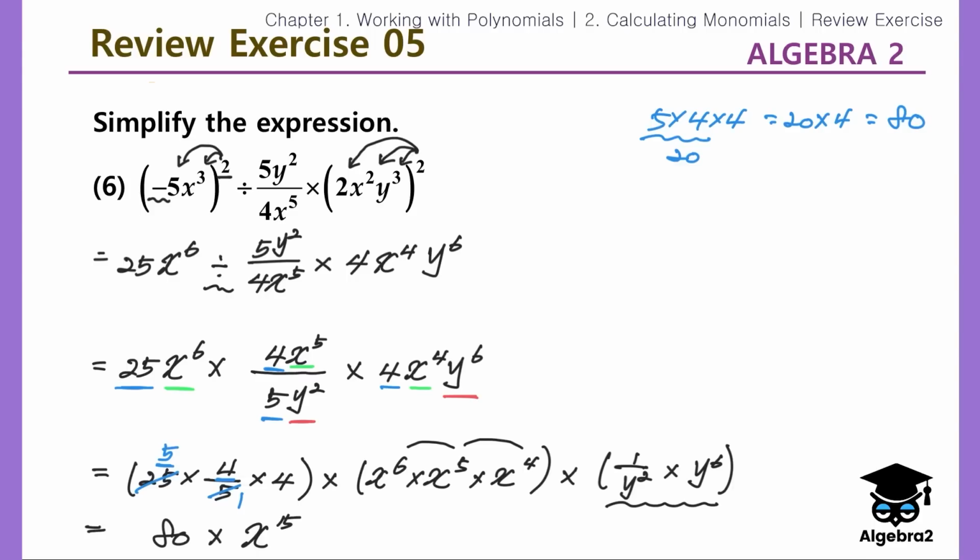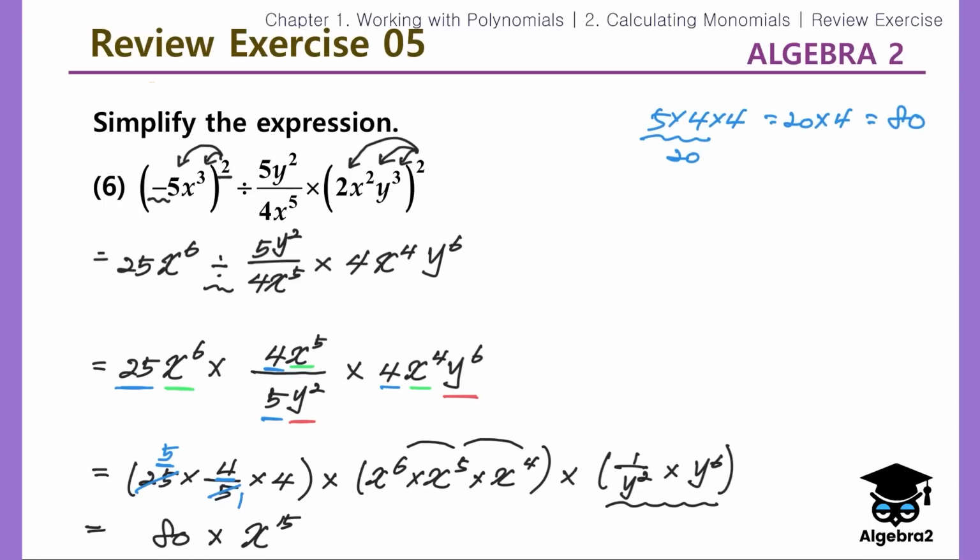It's x to the 6, I'm sorry, 1 over y squared times y to the 6. That's actually equal to y to the 6 divided by y squared, right?